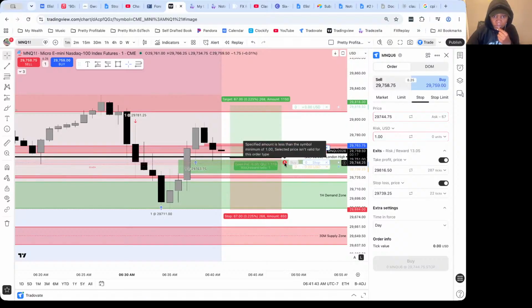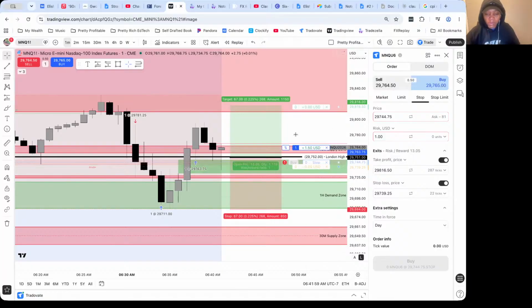Specified amount is less than the symbol minimum. Selected price is not a valid price order type. So I need to actually screenshot this for my mentor because I'm struggling. I don't know why. I'm holding on to the trade. As you can see, I'm still in this trade, but I'm having to manually do it, and I don't want to do that. I wanted to be able to stop out when it hit it.